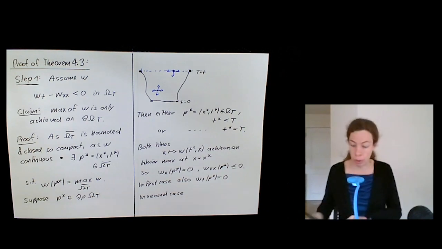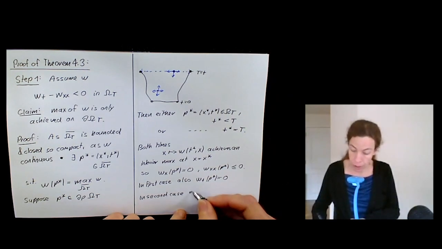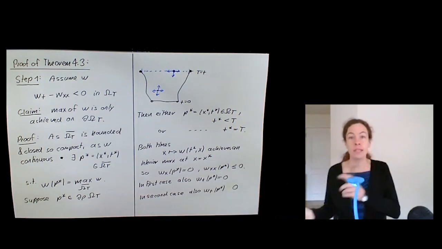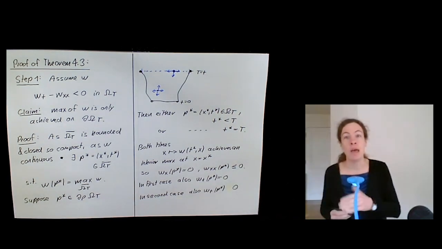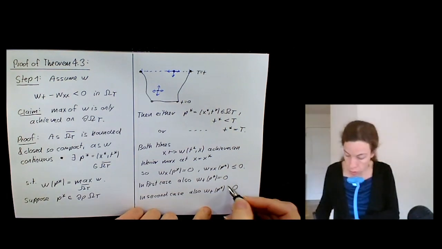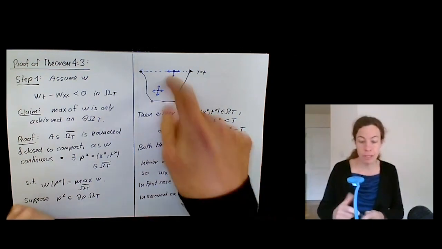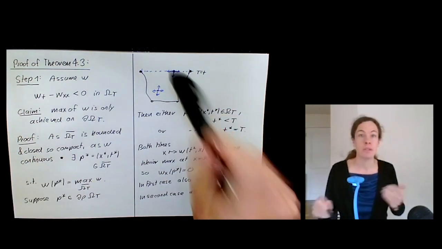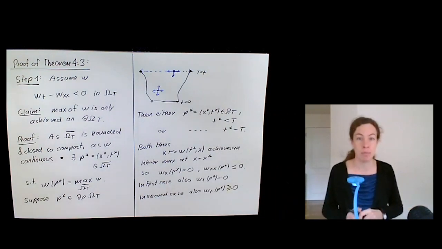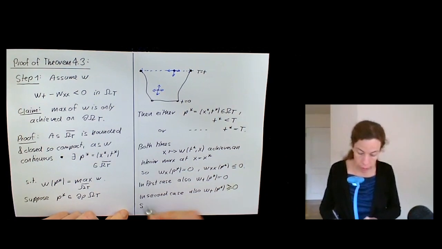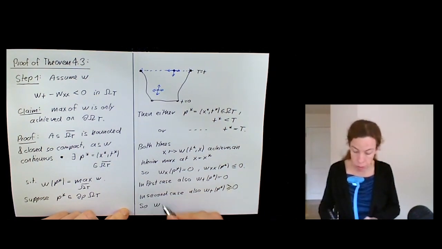And therefore, what I get is that my time derivative at P star might not be equal to 0, but actually what it needs to be is greater or equal to 0, because if it was strictly less than 0, then I would arrive at this point with a negative slope, so it can't be that I've had a maximum.